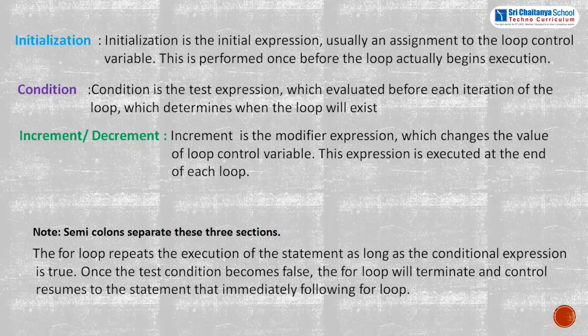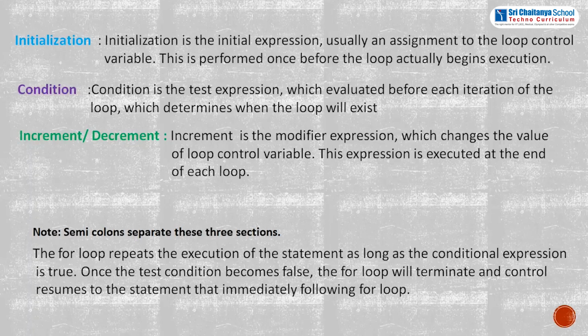Next is your condition. The condition is the test expression which is evaluated before each iteration of the loop. The word iteration means, if I had to repeat it 5 times: first time, second time, third time, then fourth and the fifth time. So this repetition can be called an iteration.